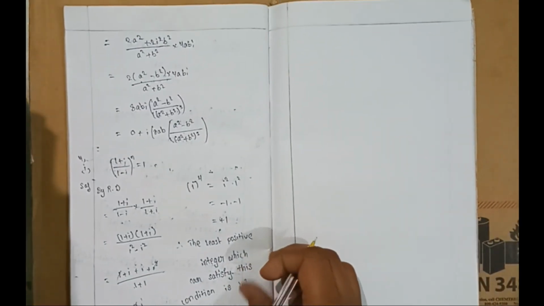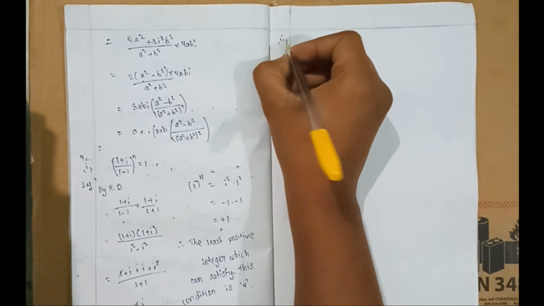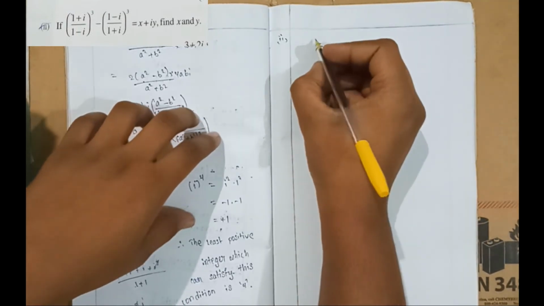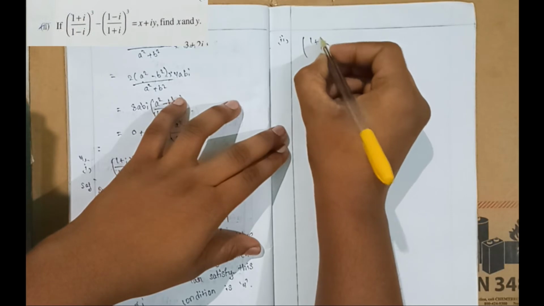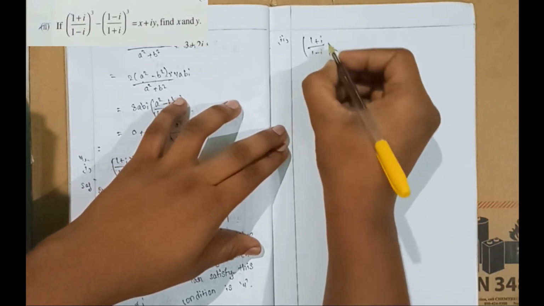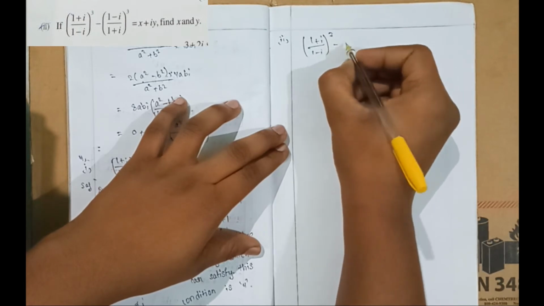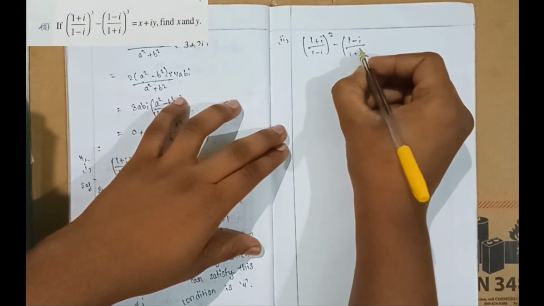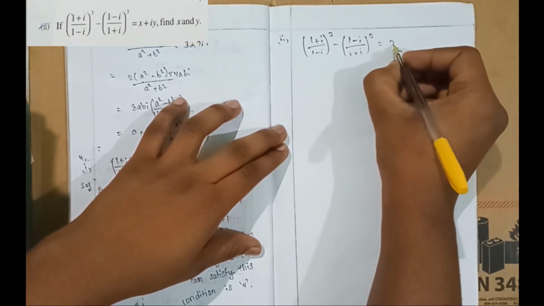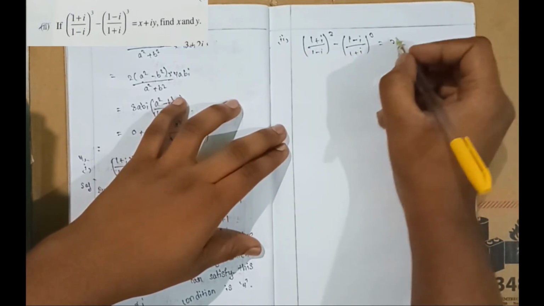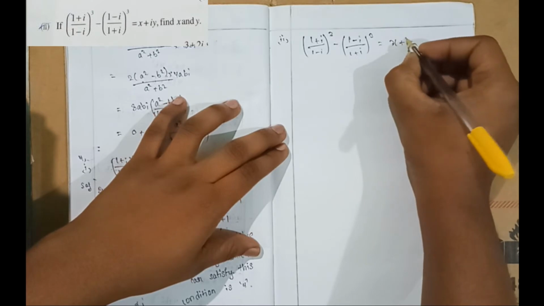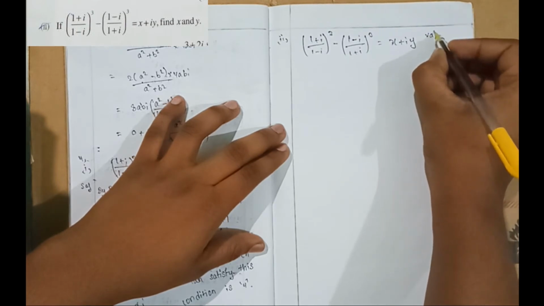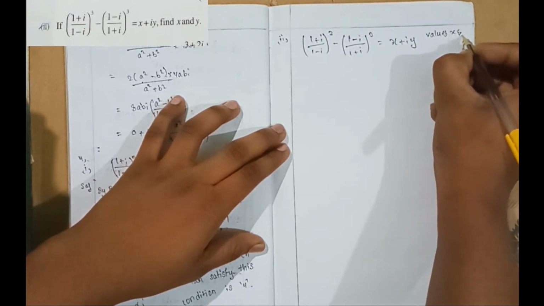Now the second one. The question is: if (1 plus i by 1 minus i) whole cube minus (1 minus i by 1 plus i) whole cube equals, we have to show this equation in the form x plus iy, and also we have to find the values of x and y.